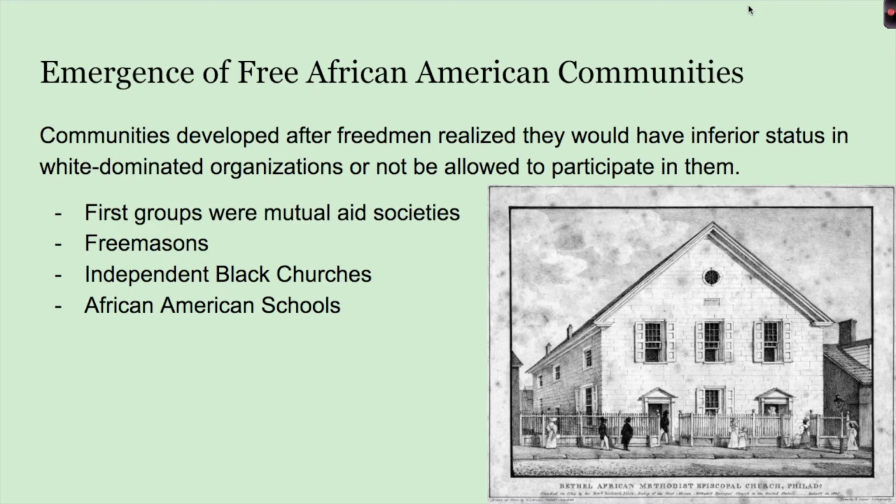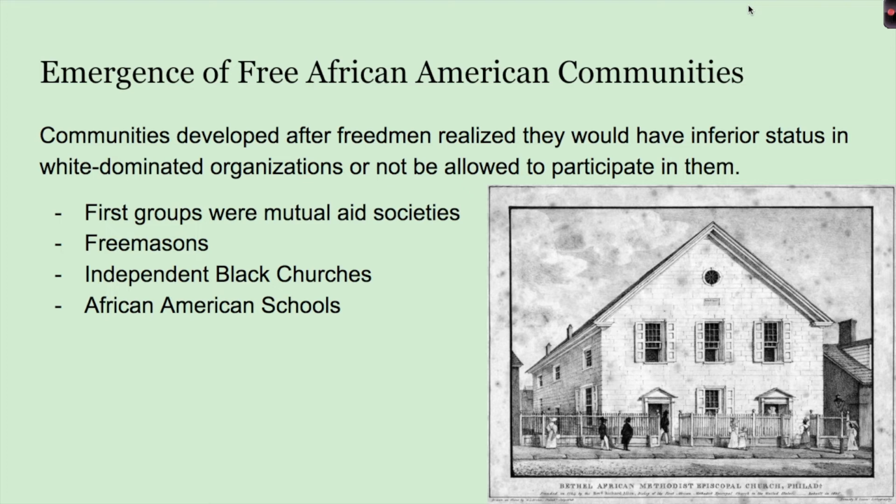During this time is when you will also see the emergence of the first independent Black churches. And these buildings would often also house schools, social organizations, and anti-slavery meetings. After the Great Awakening, you had groups that allowed biracial churches, if you will, but there's going to be an increase of white people denying African Americans influence in those churches.